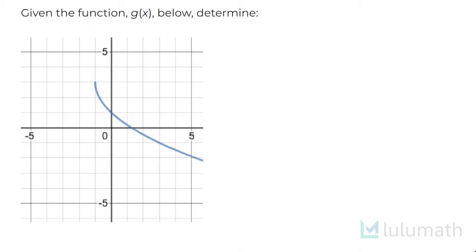All right, in this example, we're given a function and it's called g of x. Remember, it could be any letter. The first thing we want to determine is g of negative 1. So here, this negative 1 is our input, our x value. And we want to find out our output, or our y value.